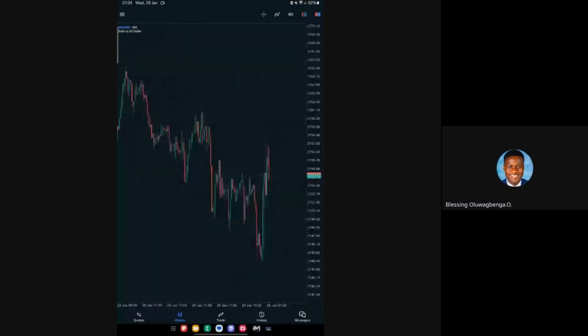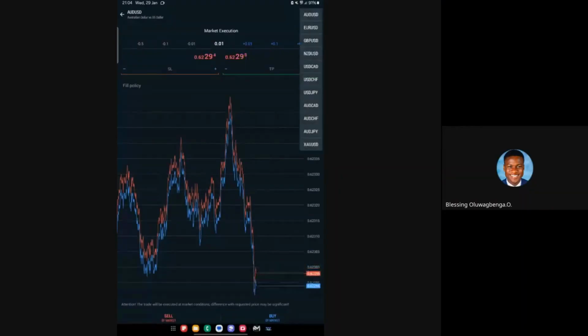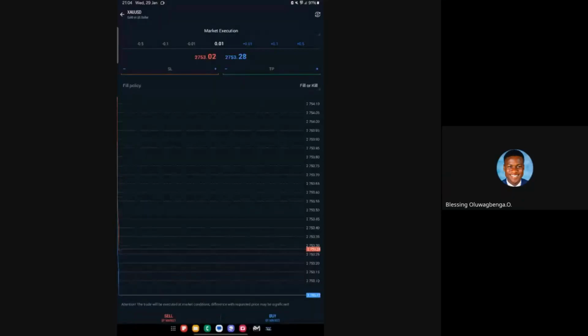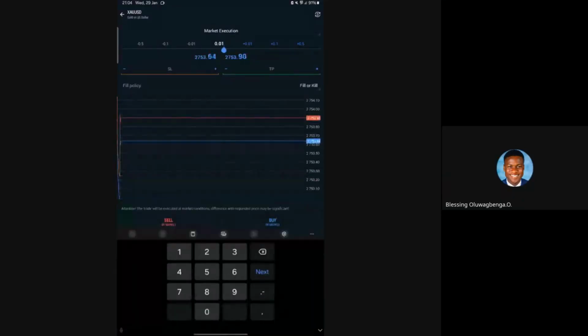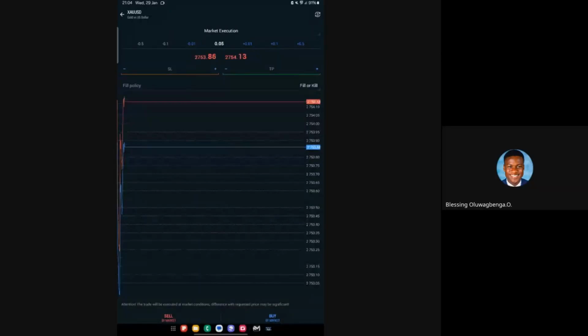Now, as I'm in my MT5, if I want to now place that trade, okay, click trade. I will now select the pair, which is XAU that I've calculated. So here I will now increase it to 0.05 lot size.